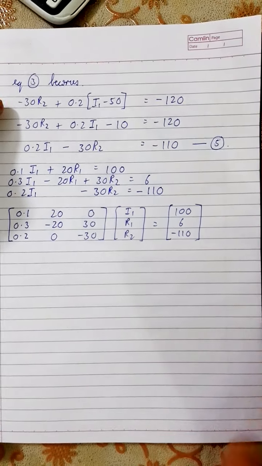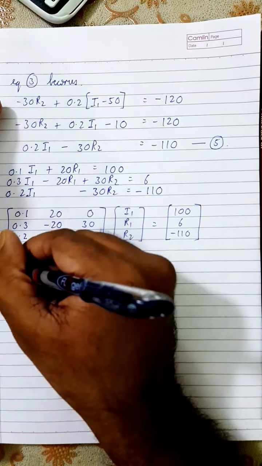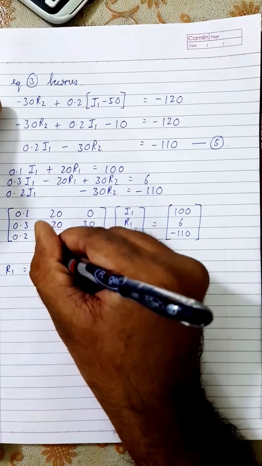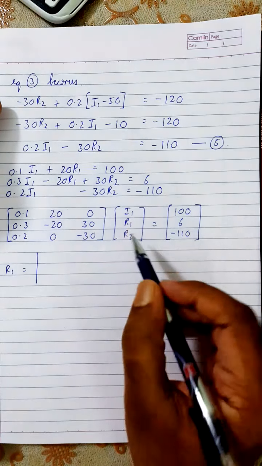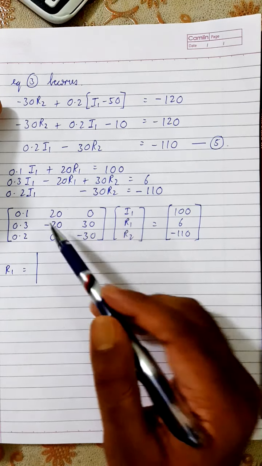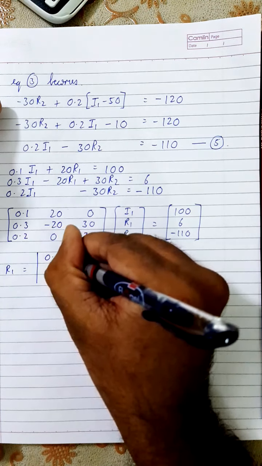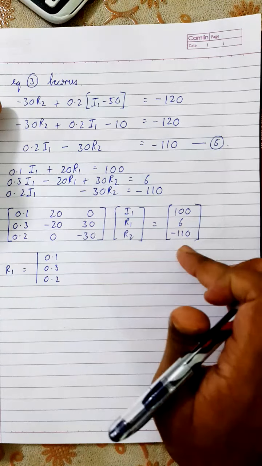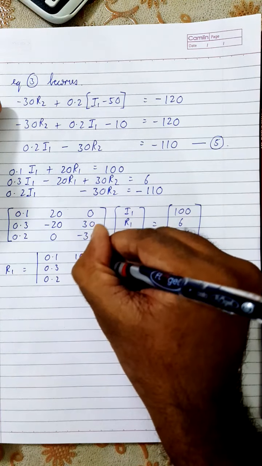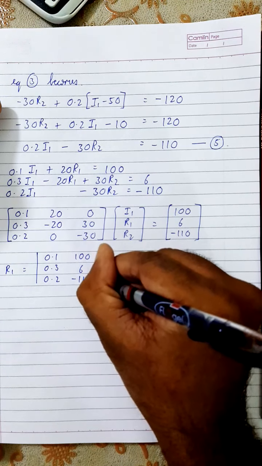But here all you need to do is find R1 and R2. So what is the equation for R1? R1 is equal to the determinant of, here R1 is the second column, so the second column has to be replaced with 100, 6 and minus 110.